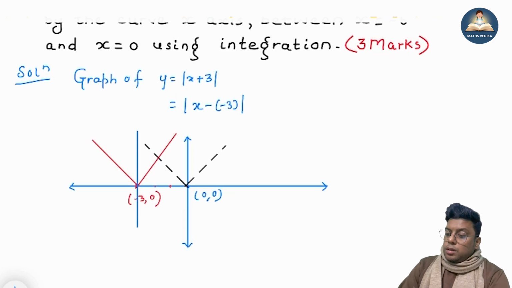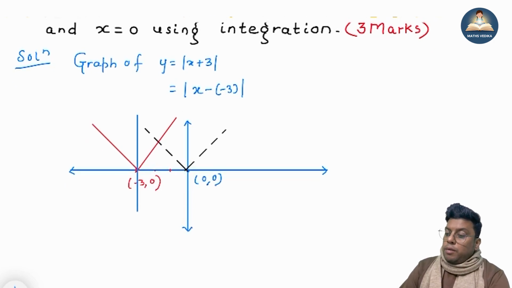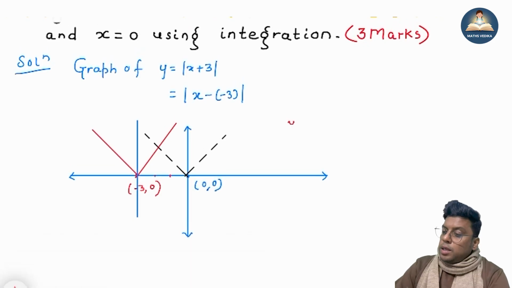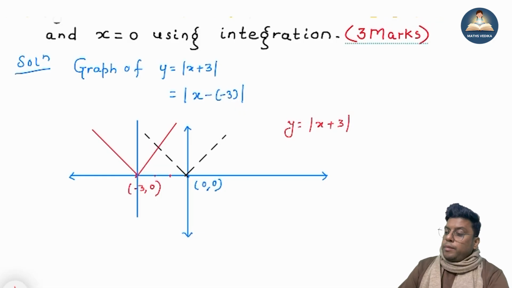Now this graph in red is the graph of y = |x + 3|.